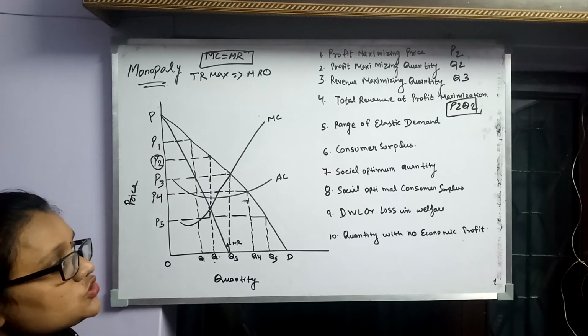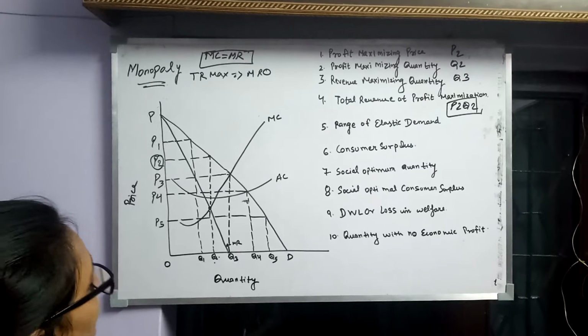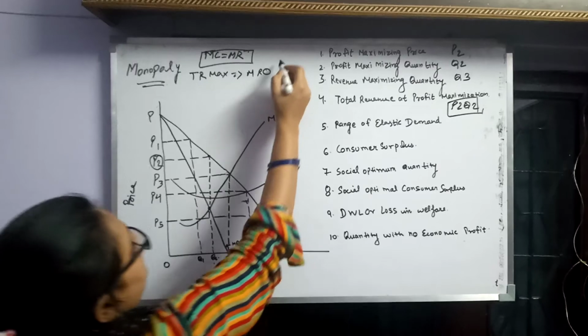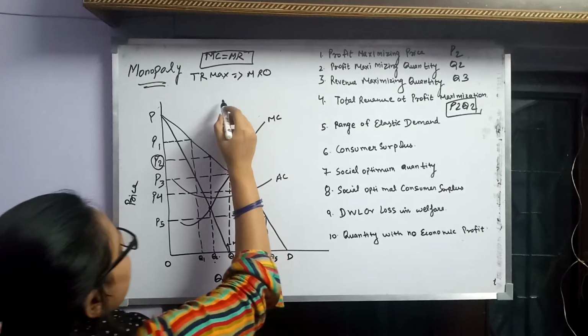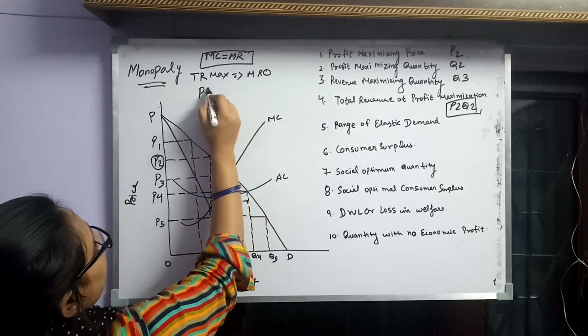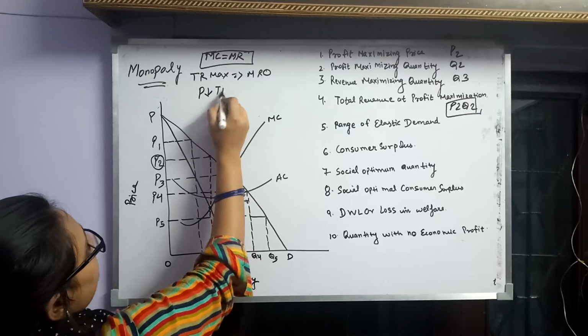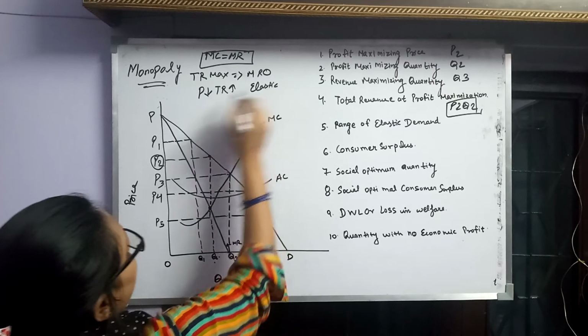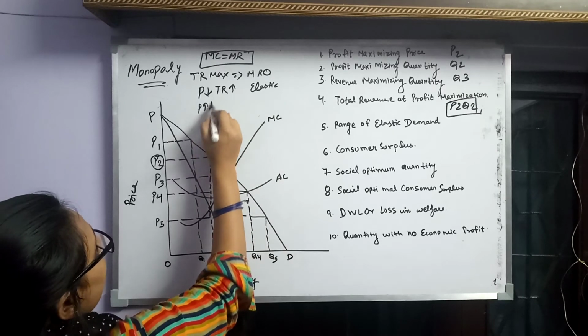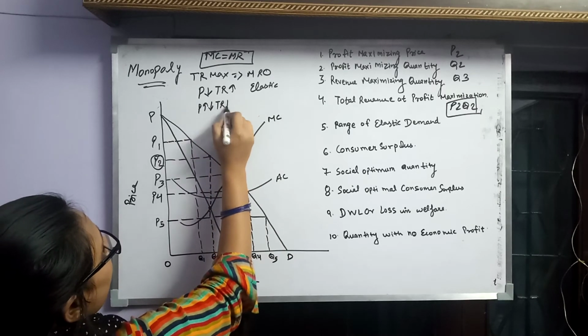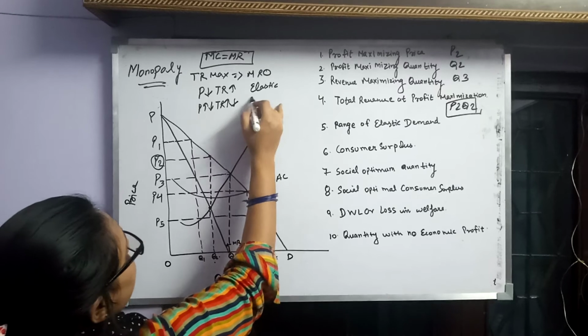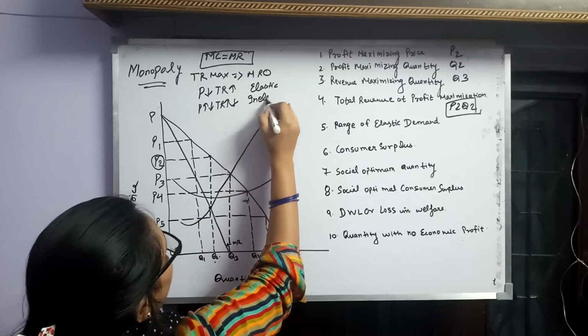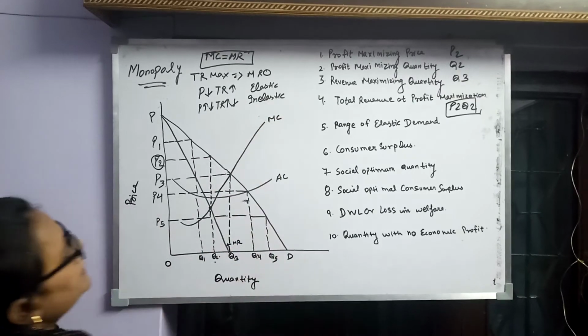Next is the range of elastic demand. As we can see, if with a fall in price the total revenue increases, then we have elastic demand, and if price and total revenue go in the same direction, then we have inelastic demand.